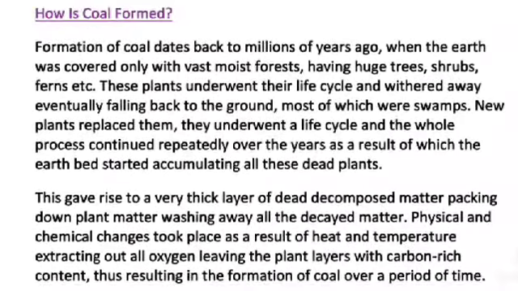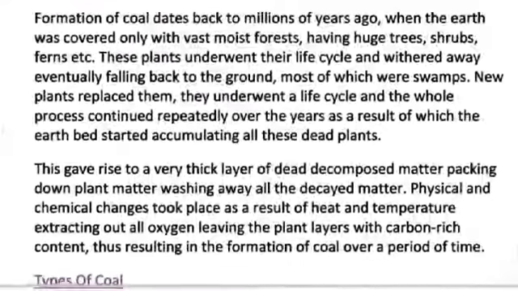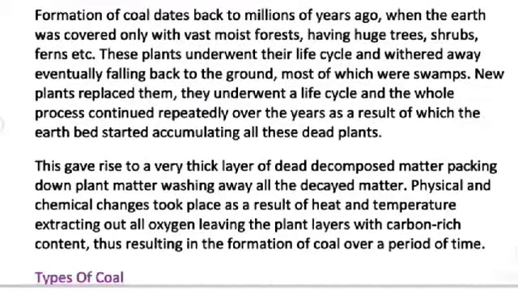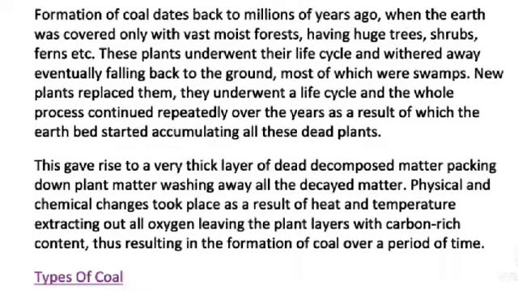How is coal formed? The formation of coal dates back to millions of years ago when the earth was covered with vast, moist forests having huge trees, shrubs, ferns, etc. These plants underwent their life cycle and withered away, eventually falling back to the ground, most of which was swamp.